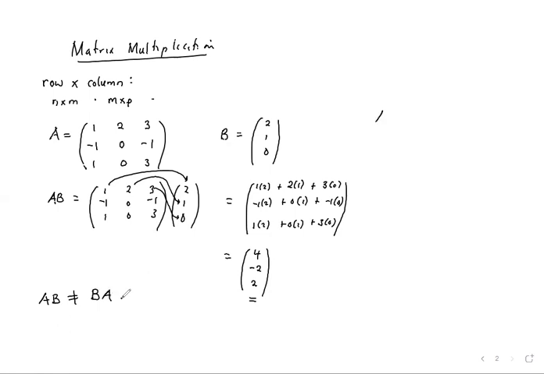For you to multiply A and B, you require that A should have the order n by m. Then you can multiply by a matrix of order m by anything, as long as the number of columns in the left matrix equals the number of rows in the right matrix.